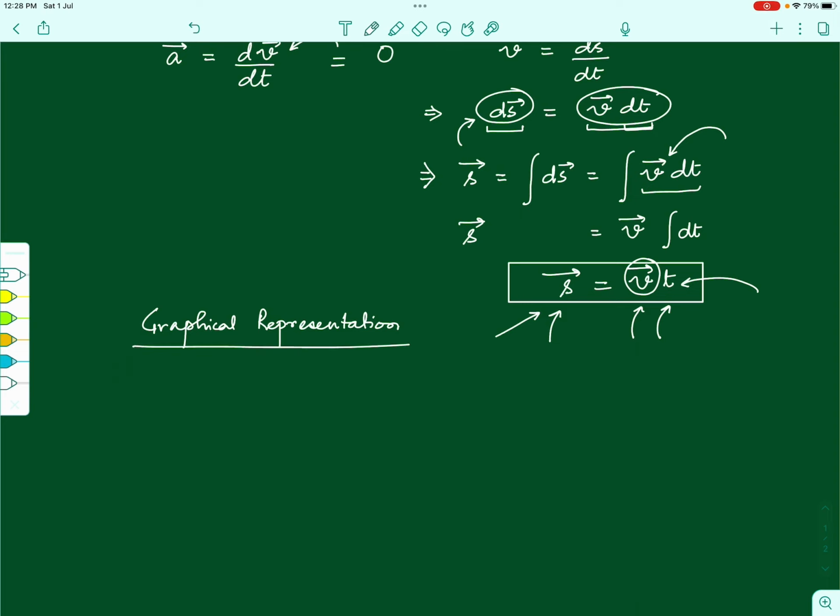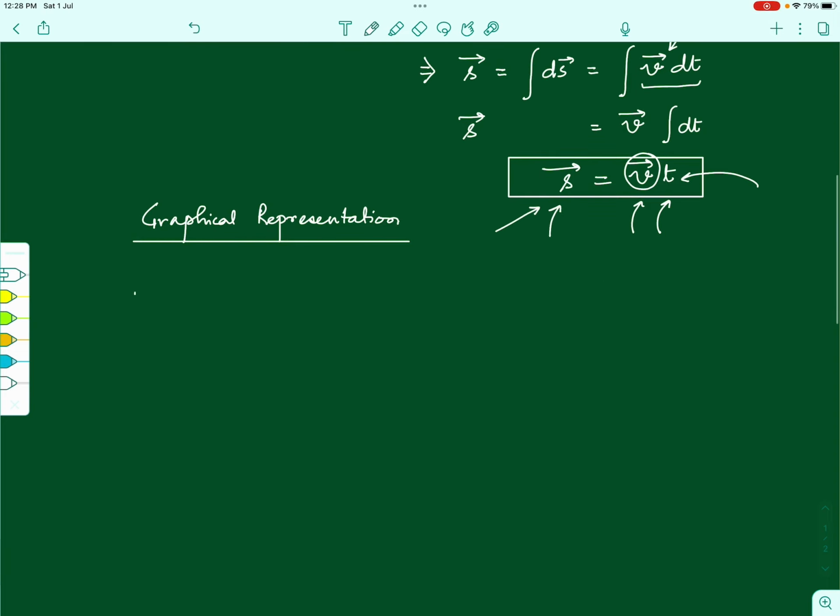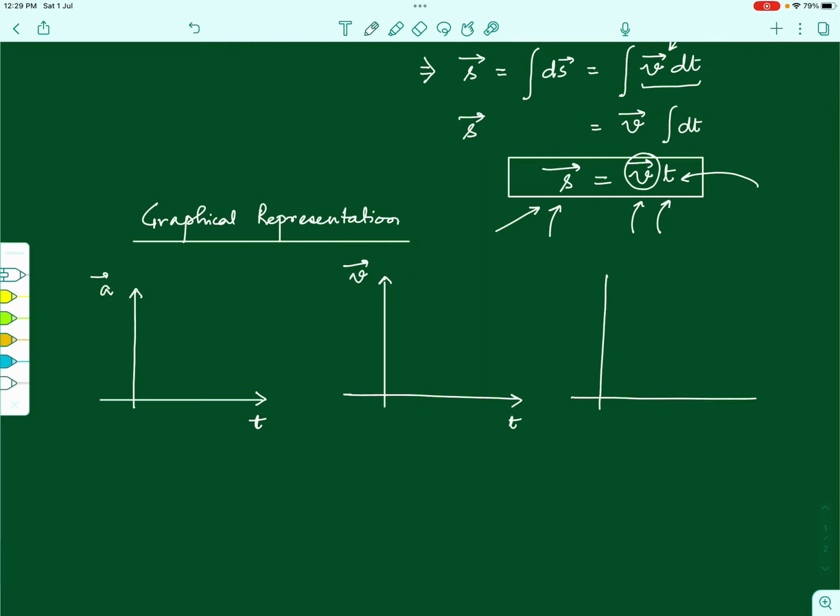The basic graphs that we would like to see here: one will be the acceleration versus time graph, how the acceleration of the moving body varies with time. We would also like to see the graph of velocity versus time, and the variation of the displacement covered by the body as the time progresses. So, in the first case, do we understand that the acceleration of the body is 0?